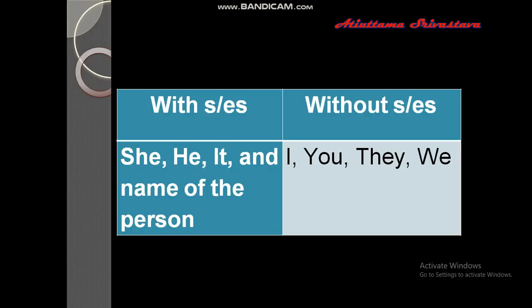Next, here you see that we add s or es with these pronouns: she, he, it, or it can be the name of a person. We don't add s or es to the verb when we are talking about I, you, they or we.